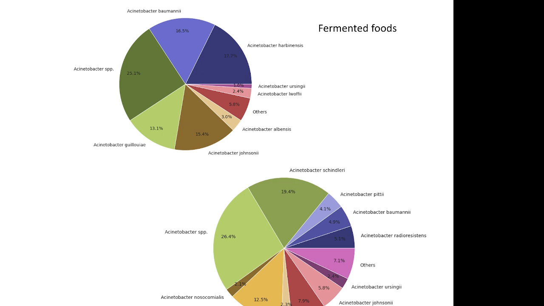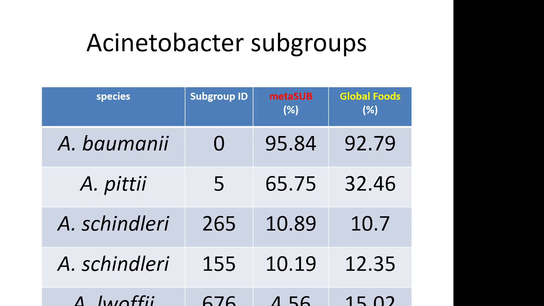The colors don't match, and because of that, instead of looking at these graphs, I suggest you look at the following table. So the table shows the Acinetobacter subgroups that we were able to find in both data sets. So here you have Acinetobacter baumannii, the subgroup ID is 0, and among all contexts classified as Acinetobacter, this subgroup has 95%.